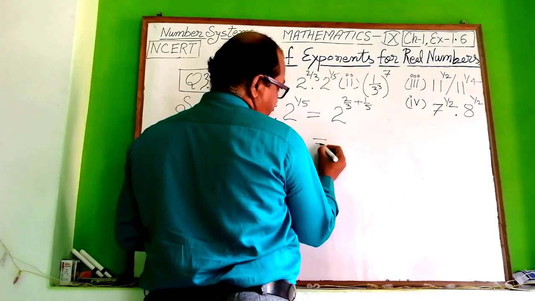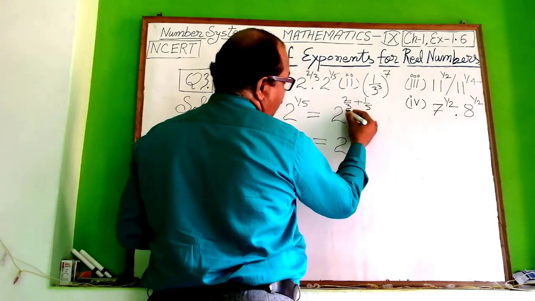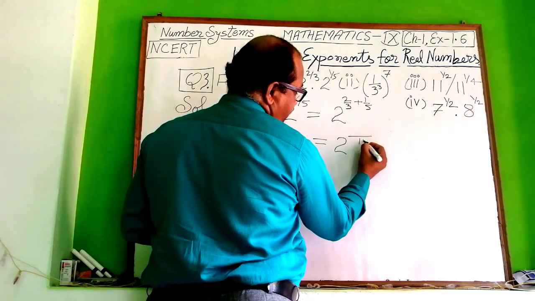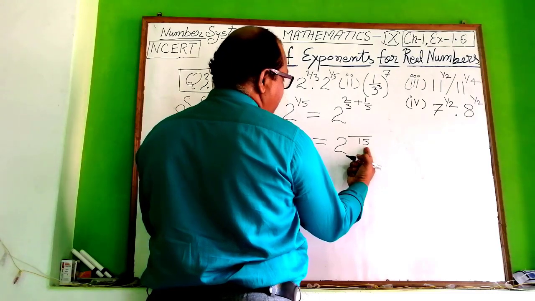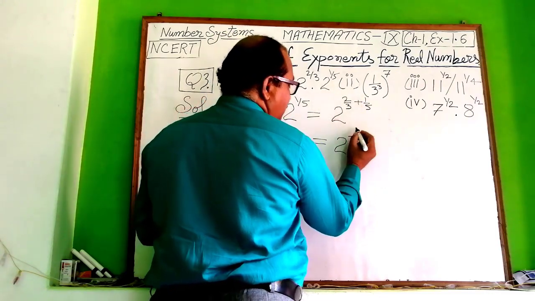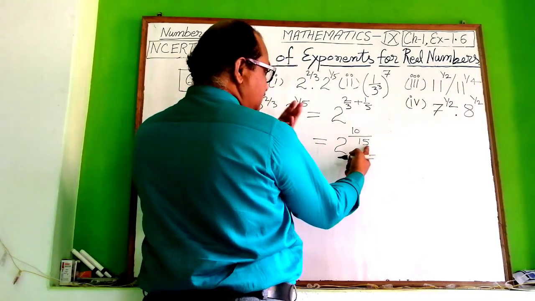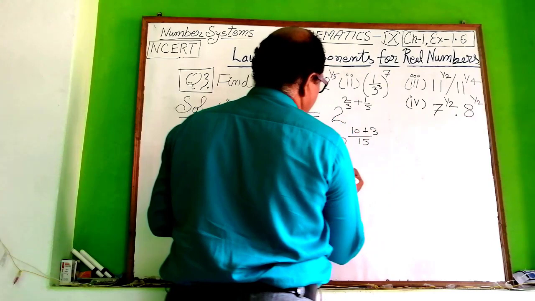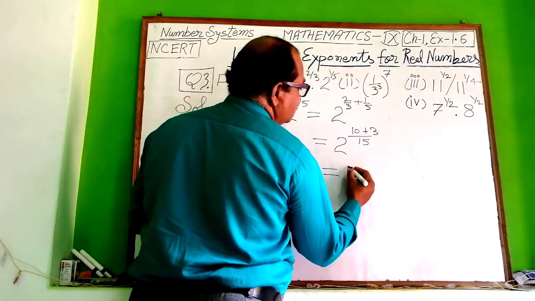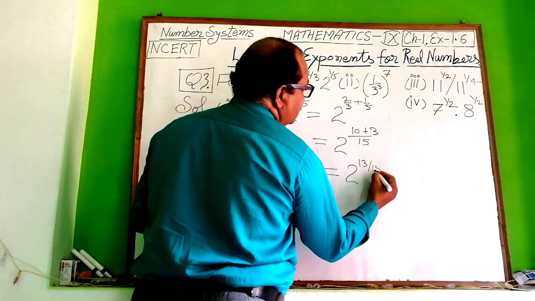Next line. Now we will take the LCM of 3 and 5, 15. Now 3 5s are 15, 5 2s are 10. 5, we will divide this 15, 3 times 1 is 3. So your answer, in the next line, is 2 raised to the power 13 upon 15.